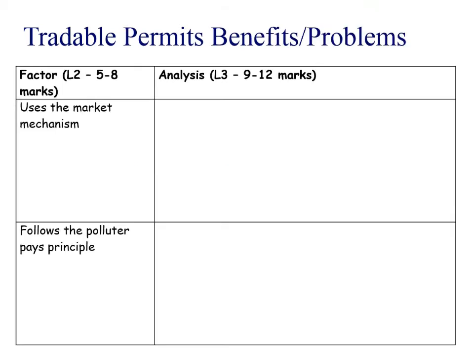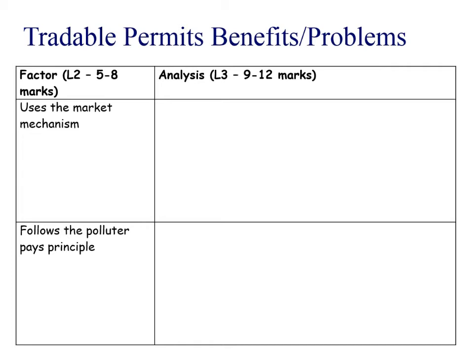So what are the benefits of using tradable permits? Well, it uses the market mechanism. It's using the forces of demand and supply, and it's providing incentives for firms not only to reduce the amount of pollution that they create, but also to invest in cleaner technology, because there's a reward to reduce your pollution to below the limit that the cap sets out.